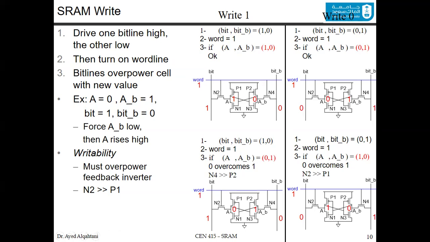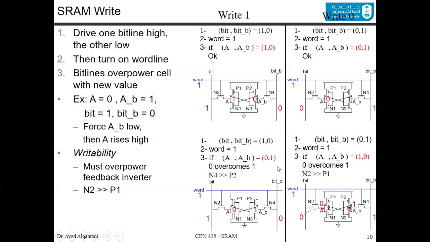So the 0 will overcome the 1, and then it will happen to the other value by the inversion. So this 0 overcomes this 1, it replaces the value, now it's 0. And by the back-to-back inversion, this 0 will become 1. And this way you change the value inside. That's if you want to write a 0.